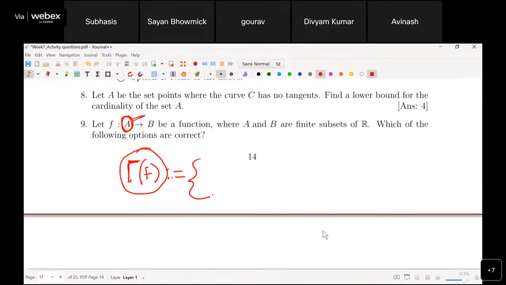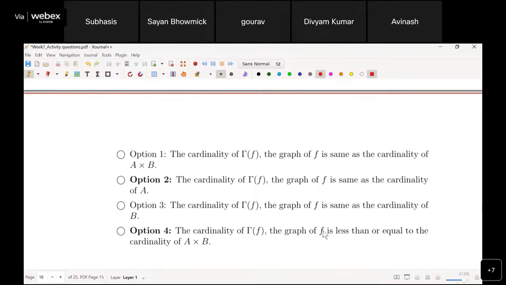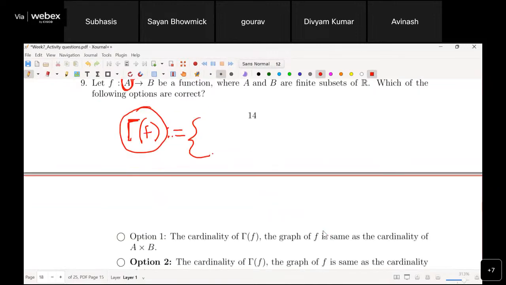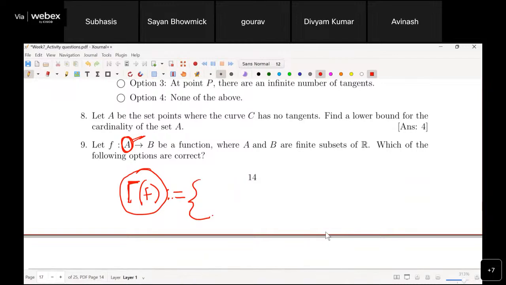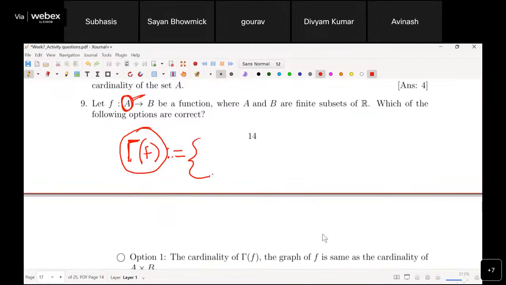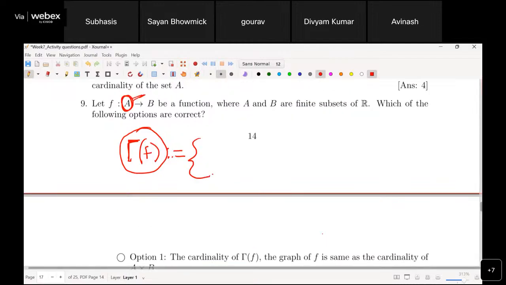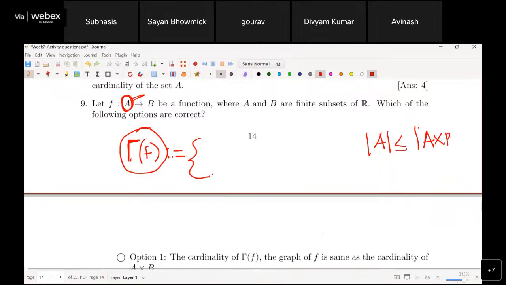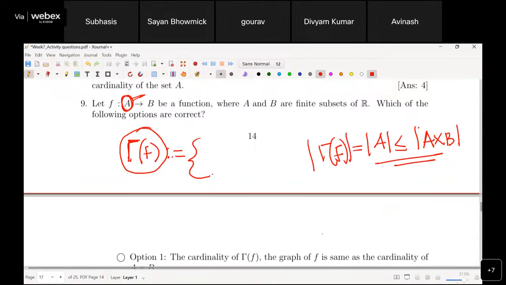And sir, the cardinality would be less than or equal to the cross product, right? Yes, that option is correct. Since the cardinality of sigma f is the same as the cardinality of A, and the cardinality of A cross A is less than the cardinality of A times B. Sir, is it sigma or gamma? Sorry, gamma, correct. This is not sigma.